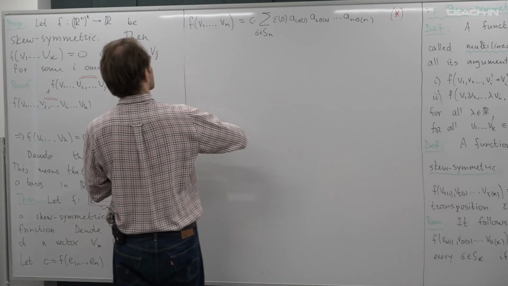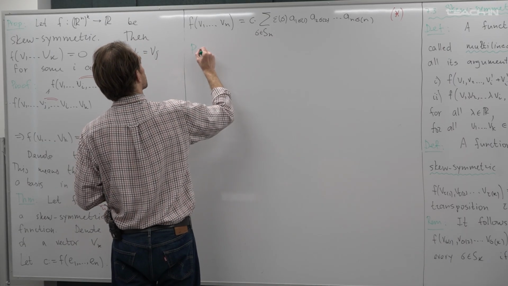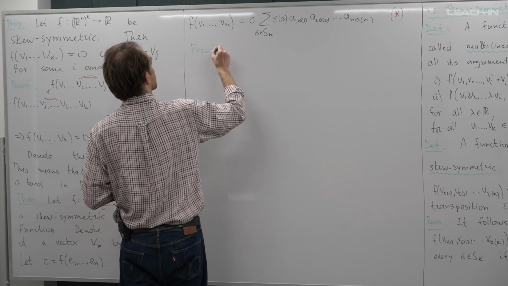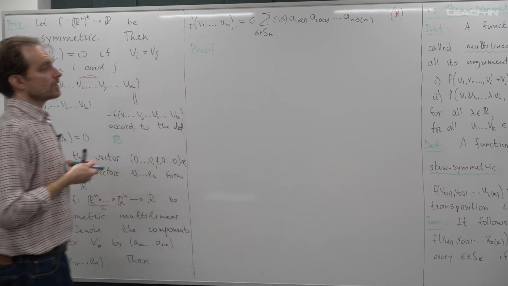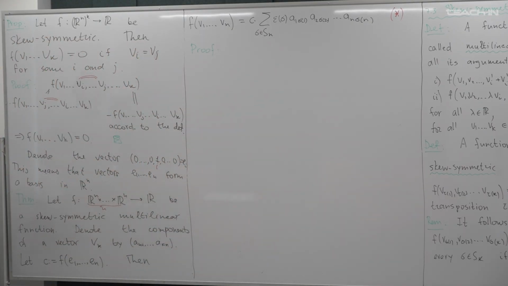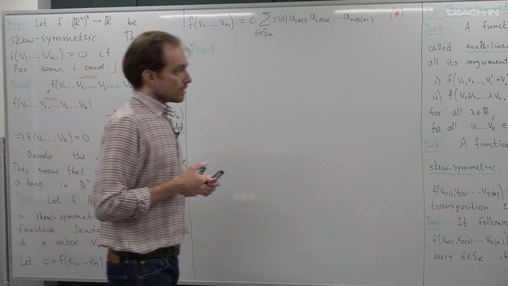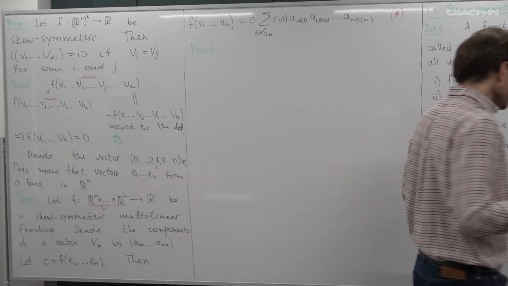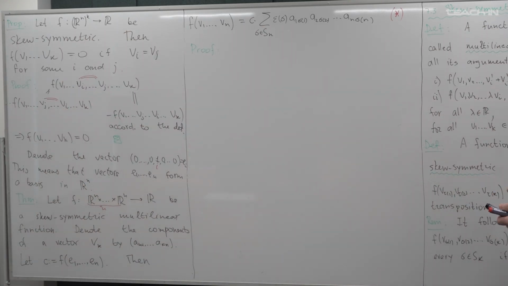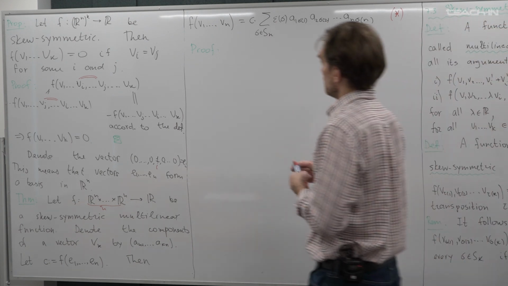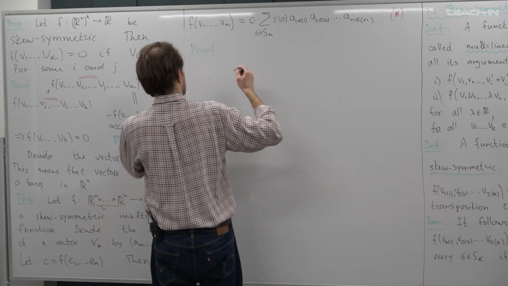Okay, so let us prove this theorem. First of all, we are going to use the property of linearity. So we have a standard basis, so we can represent every vector as a linear combination of vectors from the standard basis.